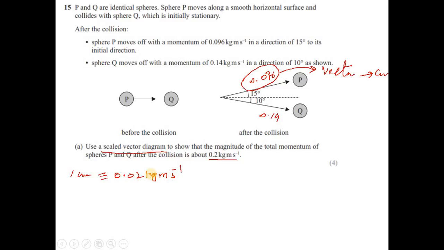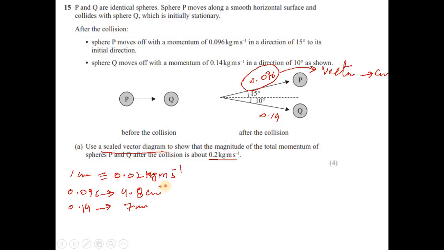With that scale, for 0.096 you can draw a vector of 4.8 centimeters, and for 0.14 you can draw a vector of length 7 centimeters.